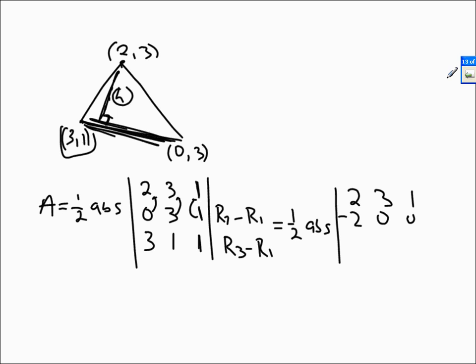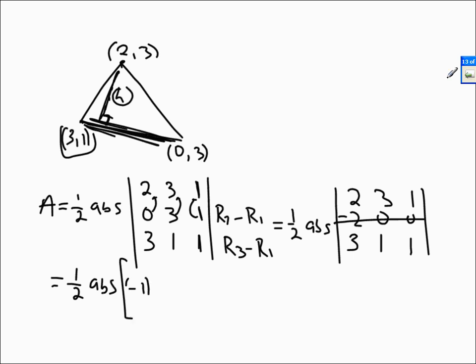No, I won't even bother doing the third one. I'm going to keep it the same. Why? Because coincidentally, that row has all zeros except one entry. So let's find out that determinant.